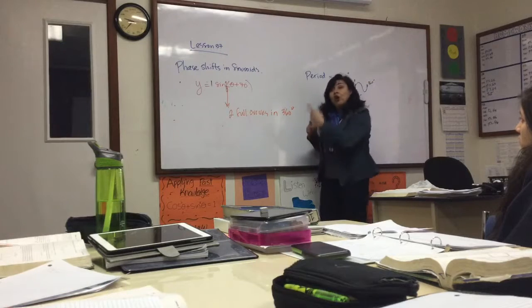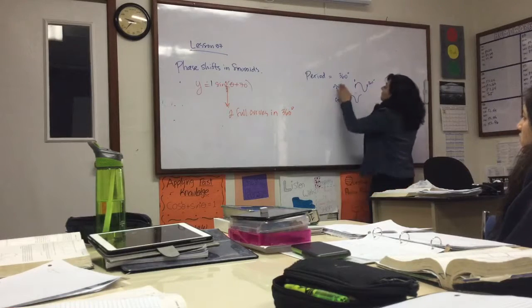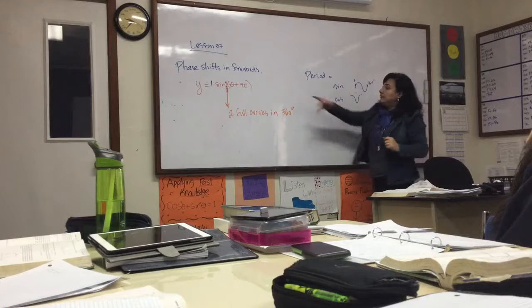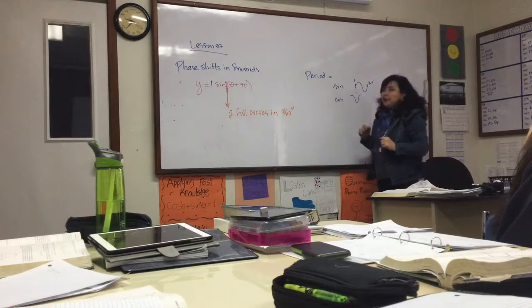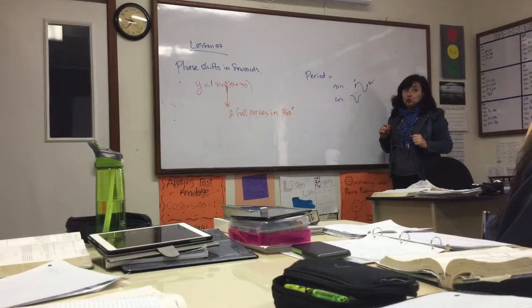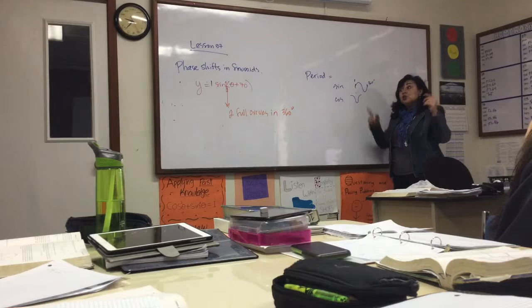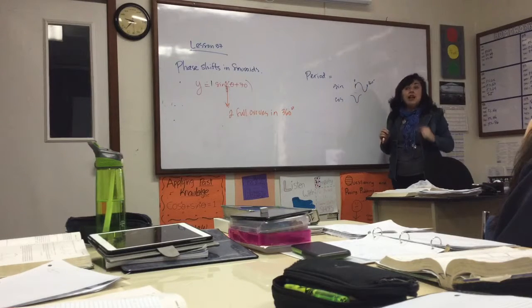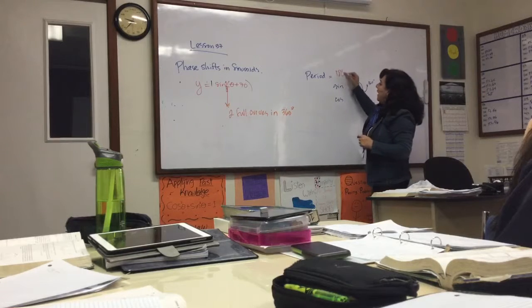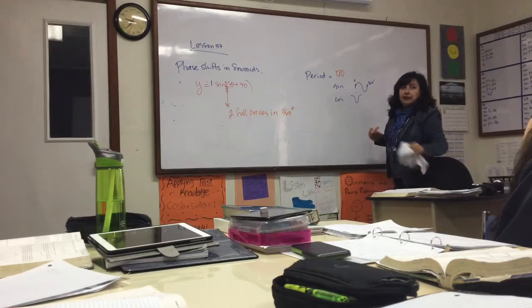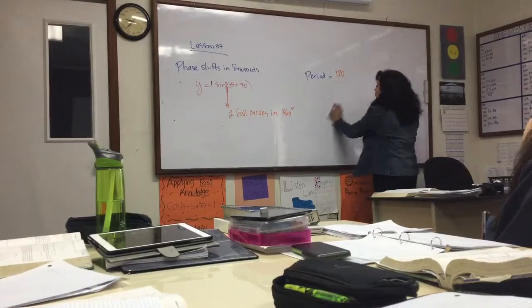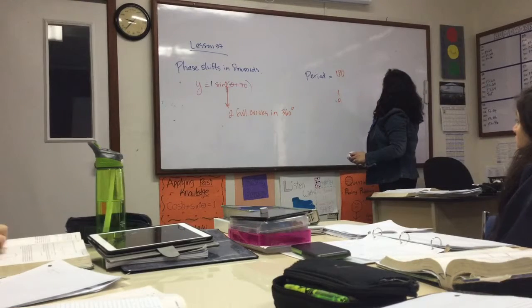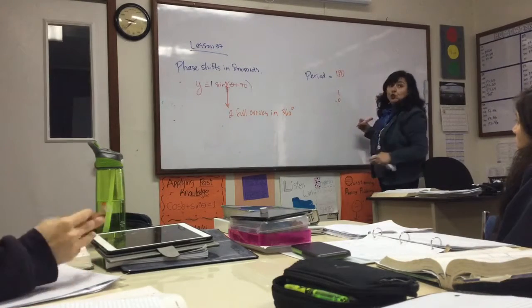Because then you're going to get a full curve for this one. If it's 2, what would the period be? 180. The period would be 180. Because you now go from 0 to 360, and you've got to fit 2 of them.